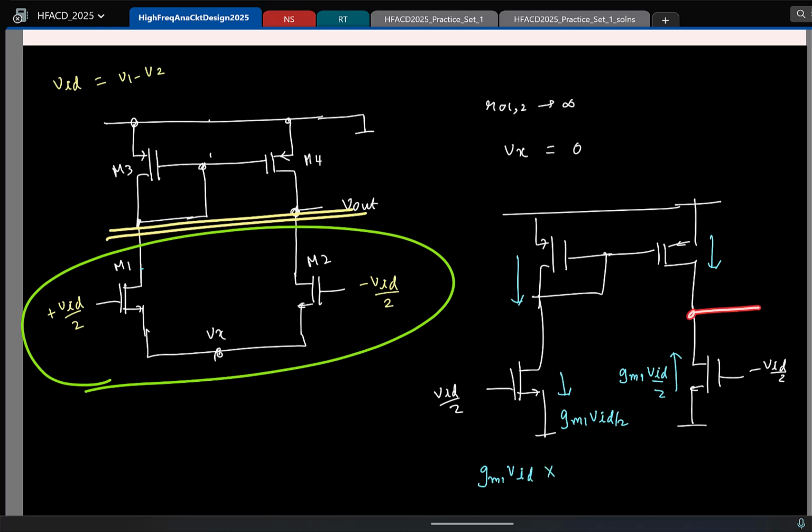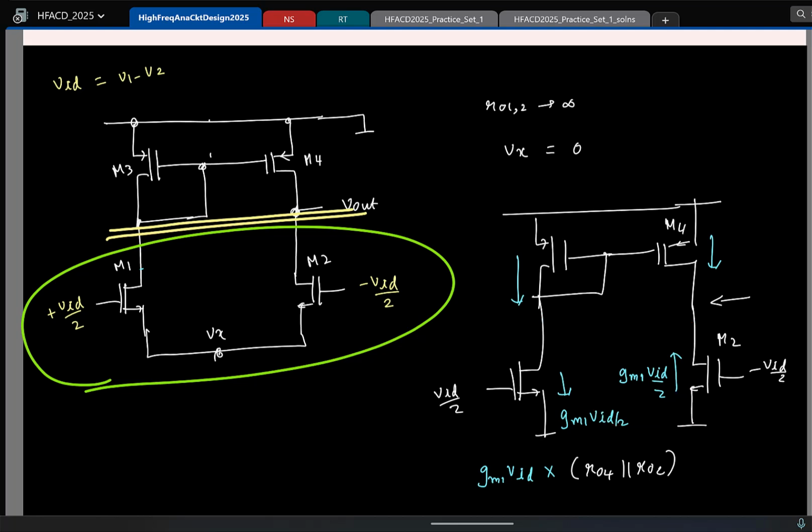And what is the output resistance? If this was M4 and M2, what is the output resistance here? R04 parallel with R02. Is that clear? Unlike the earlier case, there is no coupling, because whatever current flows, that flows to ground. It doesn't go back.